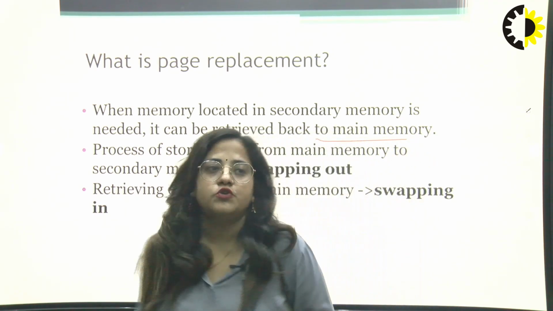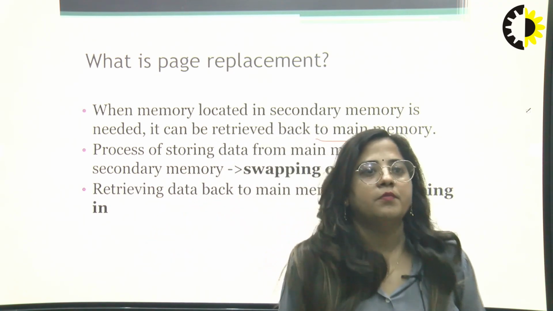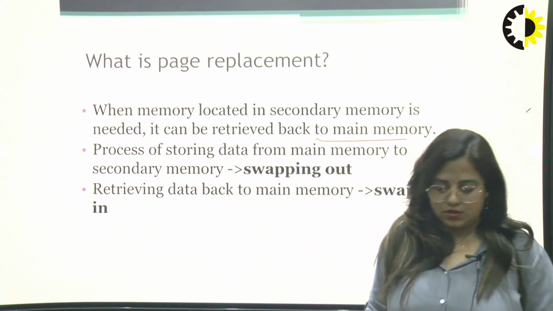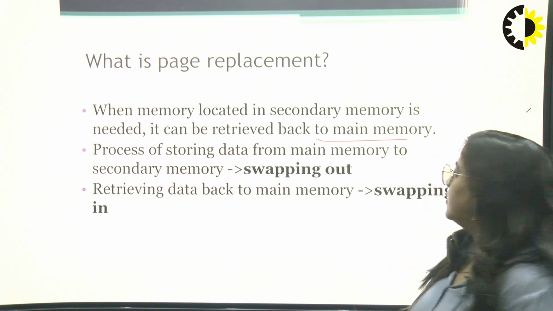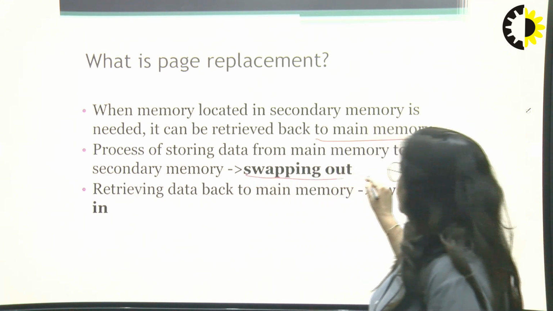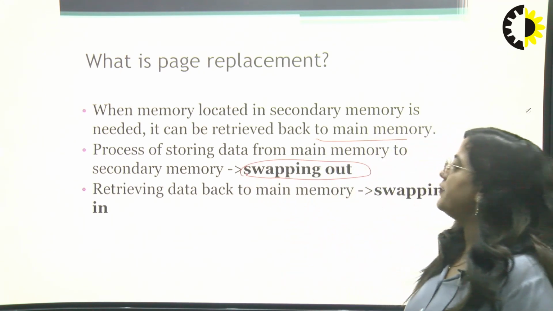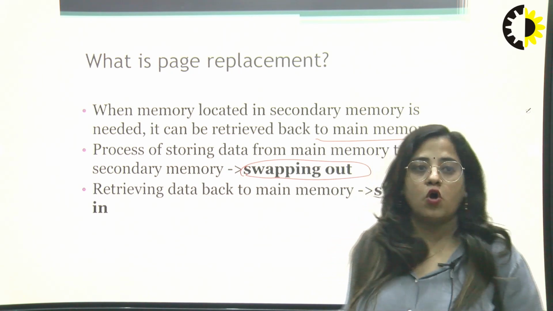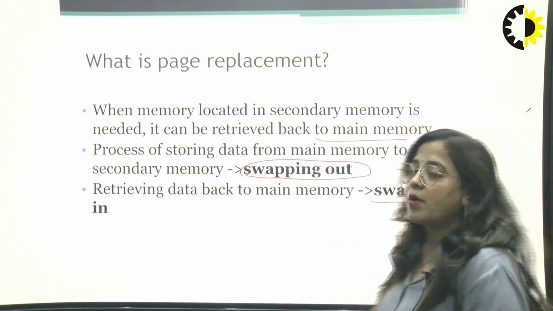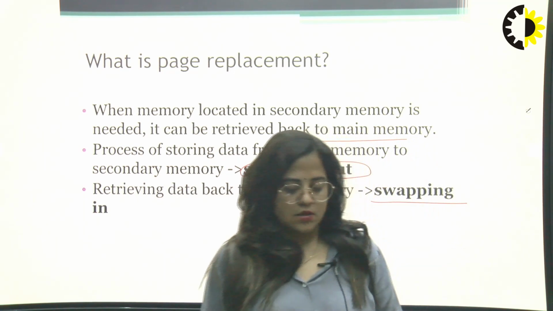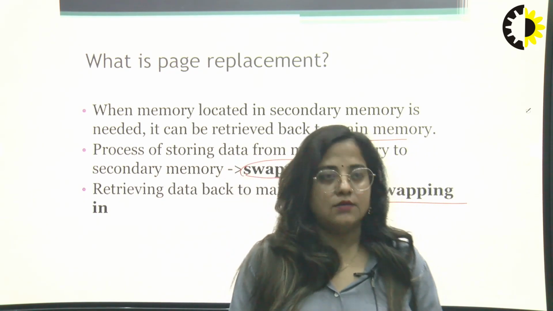The process of storing data from main memory to secondary memory is called swap out, and retrieving data back to main memory is called swapping in, and these processes are included in page replacement.